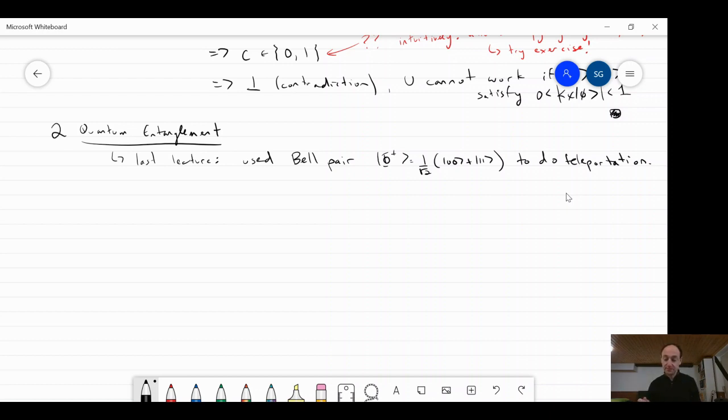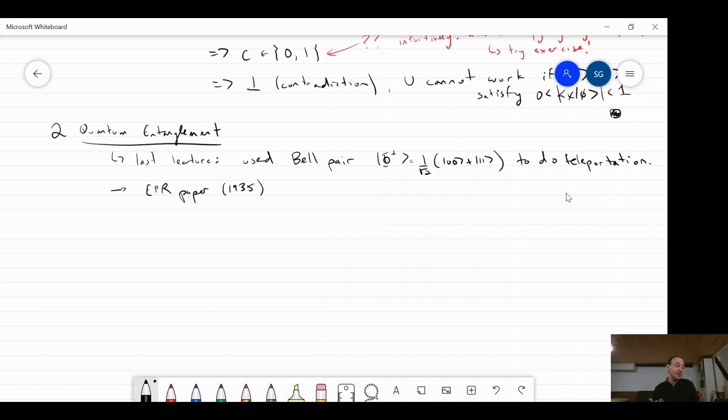Entanglement has been the subject of very extreme debate. There's this famous paper by Einstein, Podolsky, and Rosen in 1935, which is nowadays called the EPR paper. What this paper argued was that there has to be something missing in quantum mechanics. It can't be complete. The description of reality that quantum mechanics prescribes must be missing something.